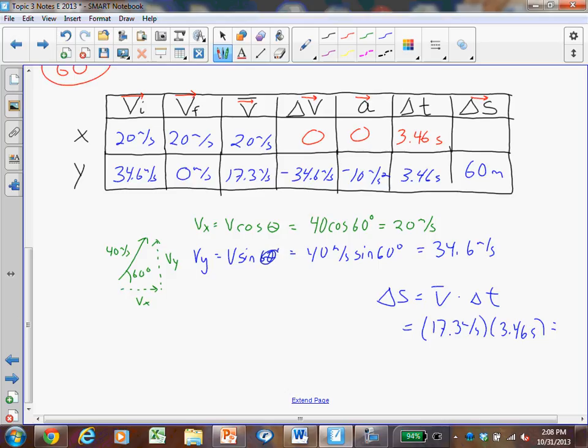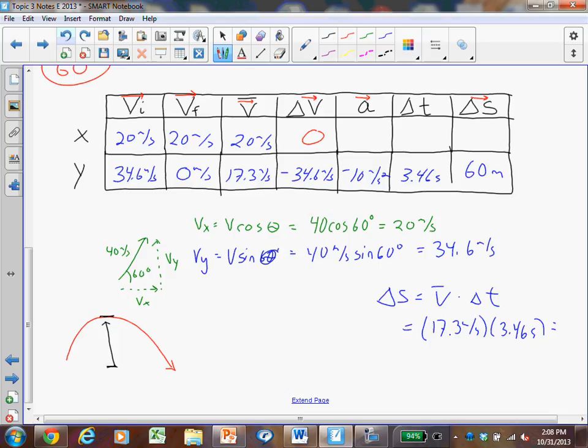Okay, now I got Kelly telling me, how would you know it's the same delta T? And Courtney saying what? Oh, right. So I made a mistake because we want the full X, right? So if we look at our motion, it's this. Now we did only half the Y so we could find out how high it went, right?